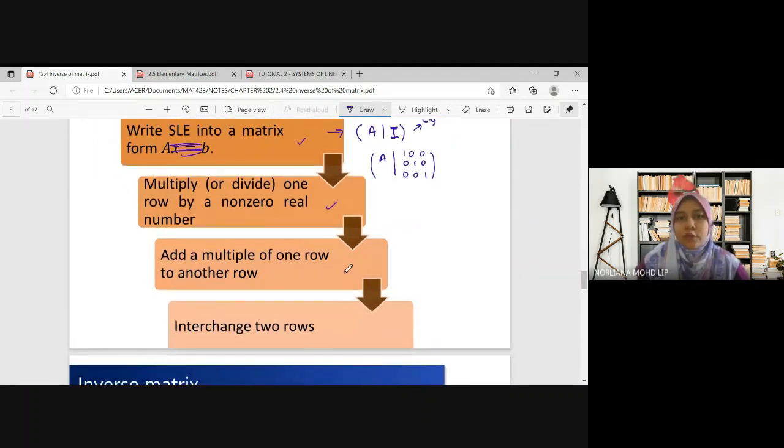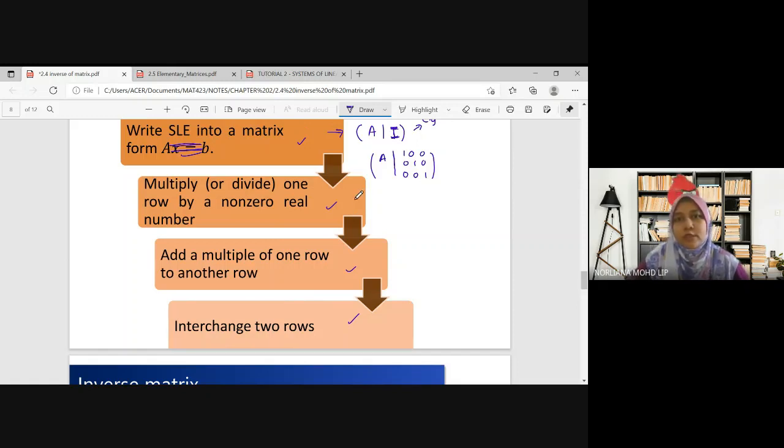Okay, using these 3 steps we have learned before in this method of elementary row operation. The first operation: multiply or divide one row by a non-zero real number. And then add a multiple of one row to another row, and also interchange the rows. Ni contoh sebelum ni lah kan.